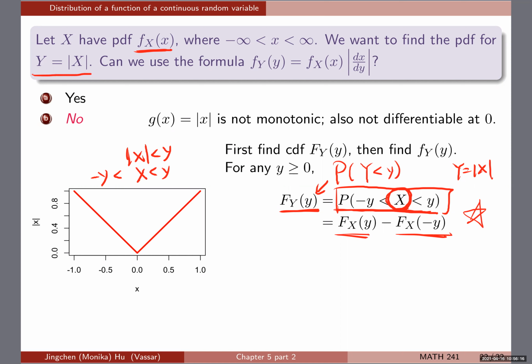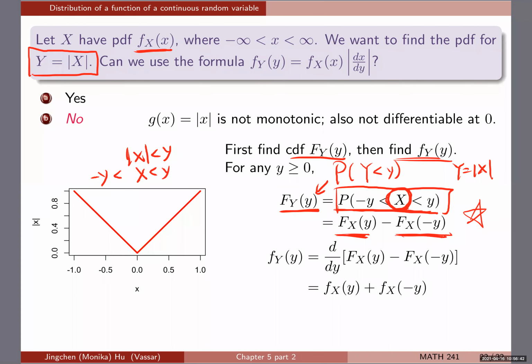You need to use the fact that Y equals the absolute value of X, and from there you're able to recognize how to get capital F_Y in terms of capital F_X. So now we have found the CDF in terms of X. Great. The next step is to find the PDF, so we take the first order derivative of F_X(y) minus F_X(negative y) with respect to y.